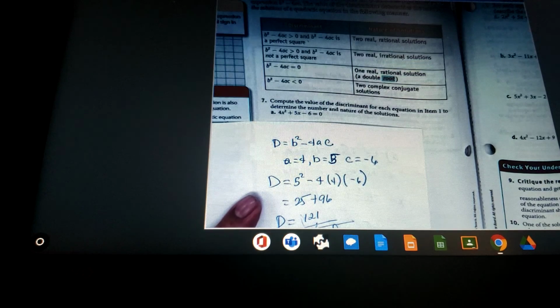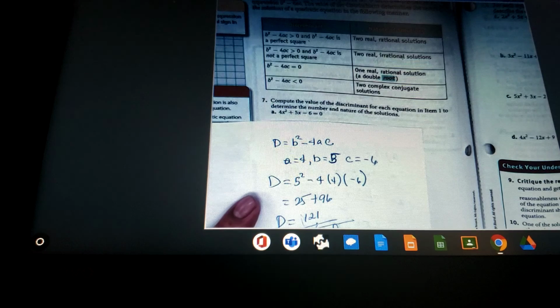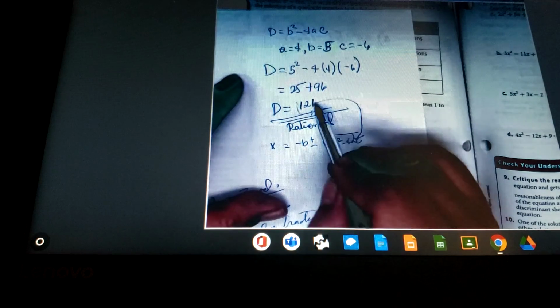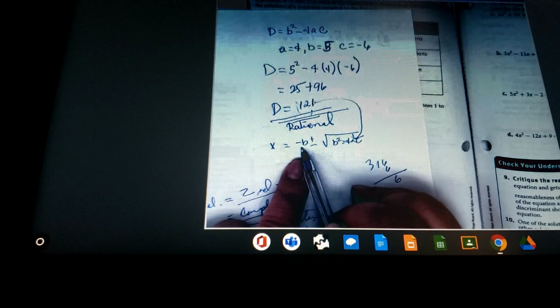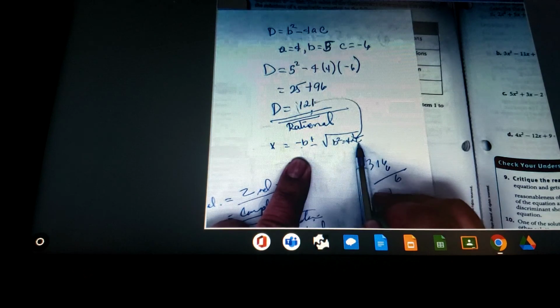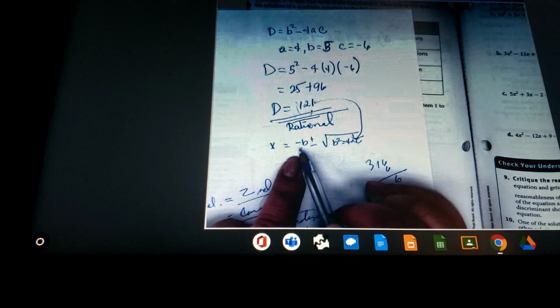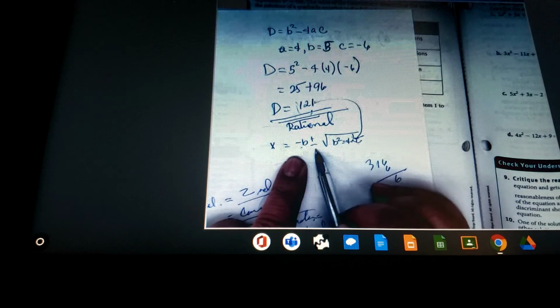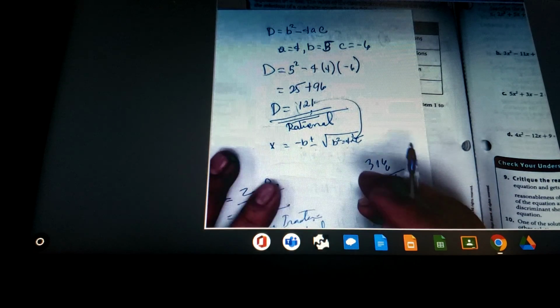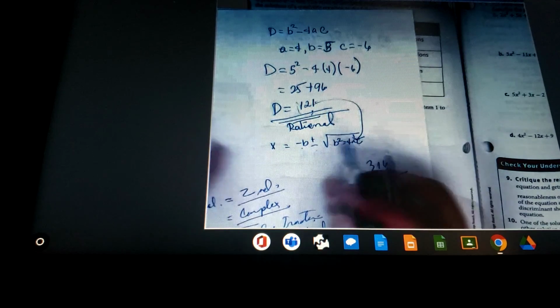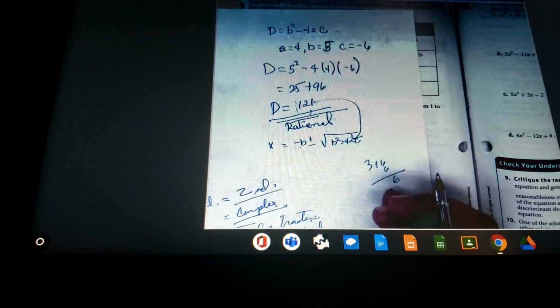If we're going to use the formula, this 121 is here. So if this is 2, 2 plus or minus this one, which is 11, you have 2 solutions, 2 answers, okay?